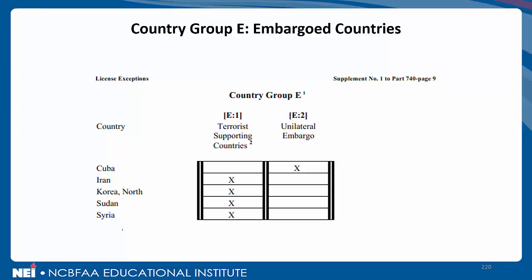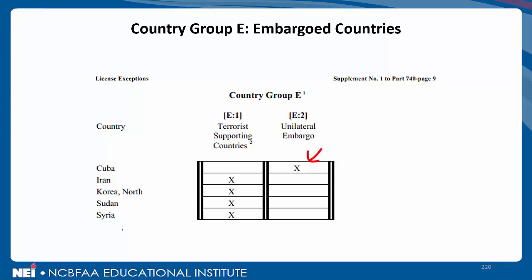The final group we're going to look at is Group E, embargoed countries, a short and not very distinguished list. Now you'll notice that country Group E is broken down by E1 and E2. As terrorist supporting countries under E1 and under E2, a unilateral embargo, meaning that the U.S. by itself has an embargo in place. So for Cuba, that's definitely a unilateral embargo.